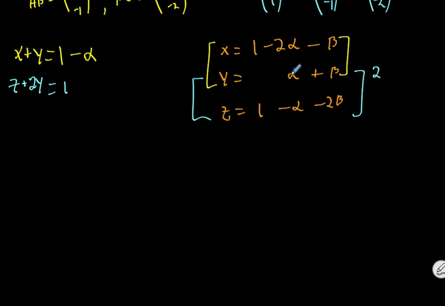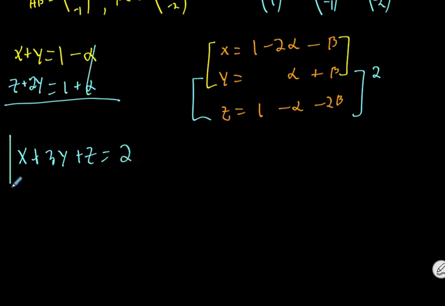Then I'll have 2 alpha minus alpha, so I just have plus alpha, right? And then these two will cancel. And then you can see right here, I can just add these together real quick, and I'll end up eliminating the alpha. So I'll have x plus, when I add the y's, I'll end up with 3y, and then plus z. These alphas will cancel, and I'll get 2. So here is my Cartesian equation of the plane right here.